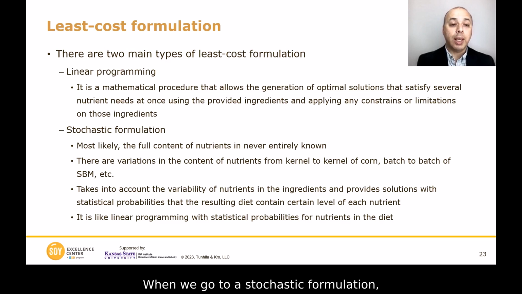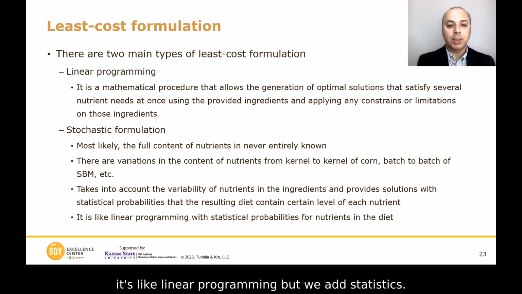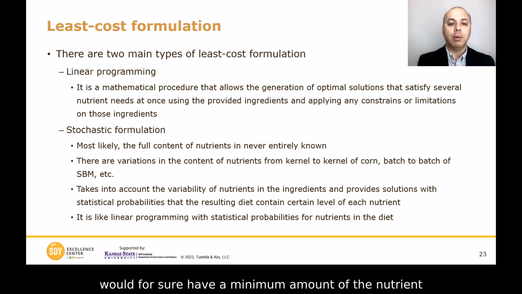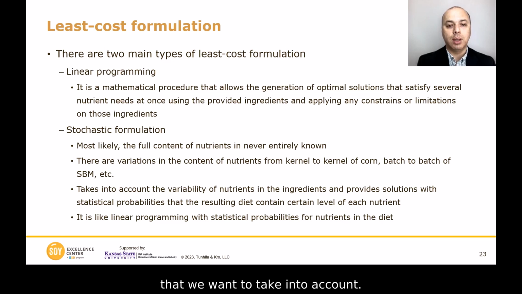When we go to a stochastic formulation, it's like linear programming, but we add statistics. And at that point in time, we are basically asking to formulate a feed with a confidence level that would for sure have a minimum amount of the nutrient that we want to take into account.